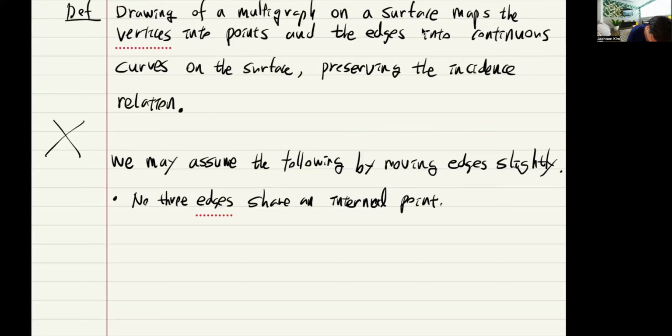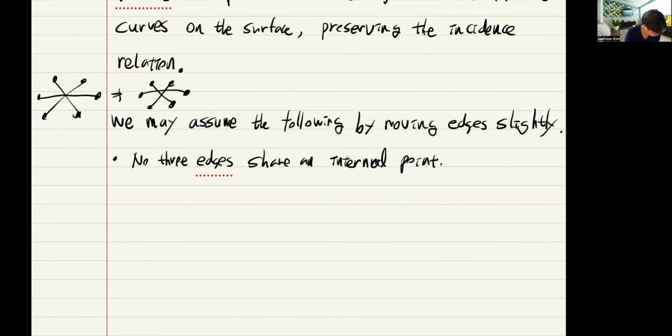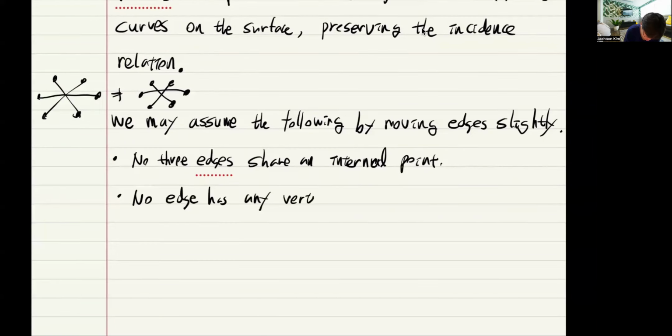If we have this picture, then by moving it slightly, we can just draw it this way. And also, no edge has any vertex as an internal point.